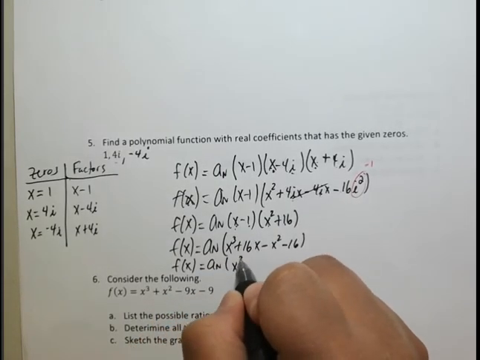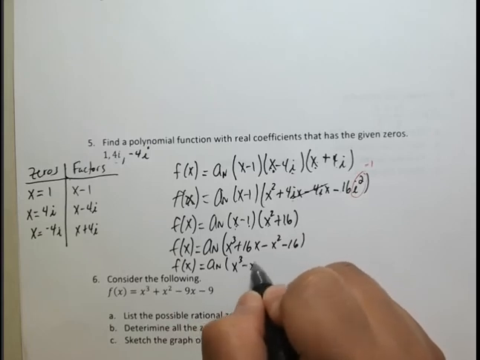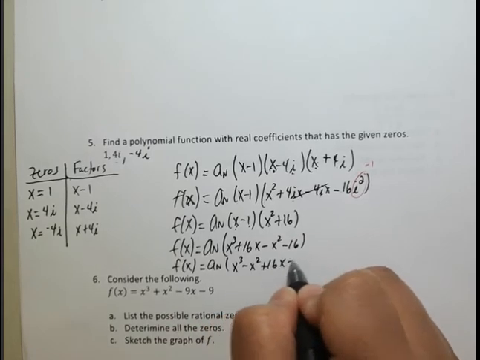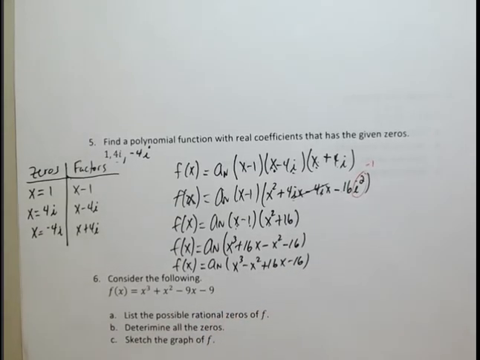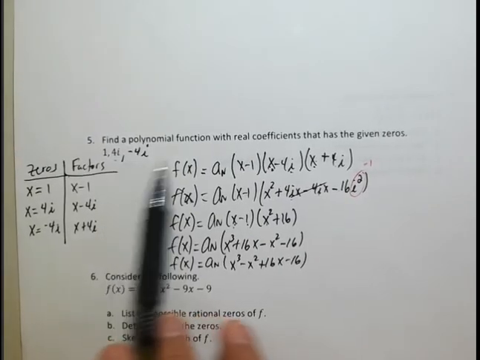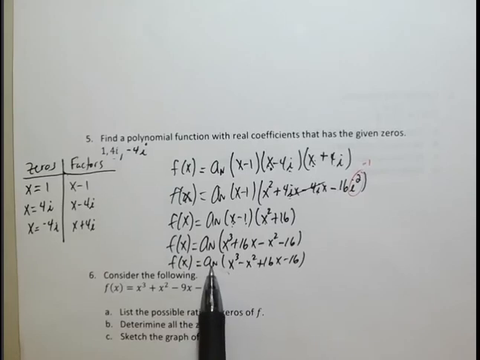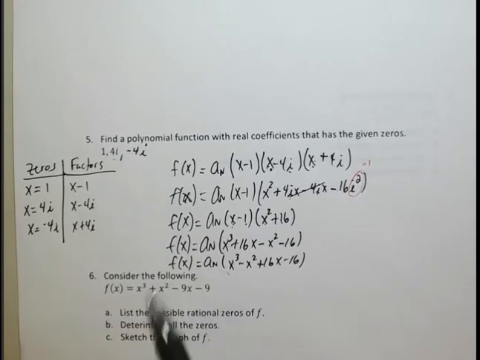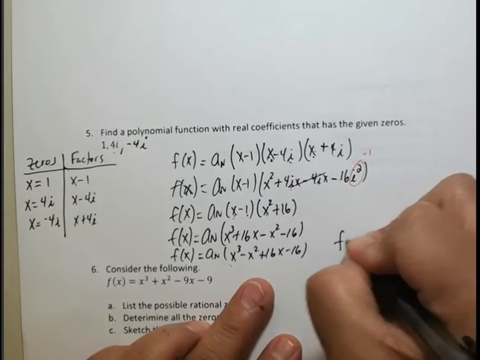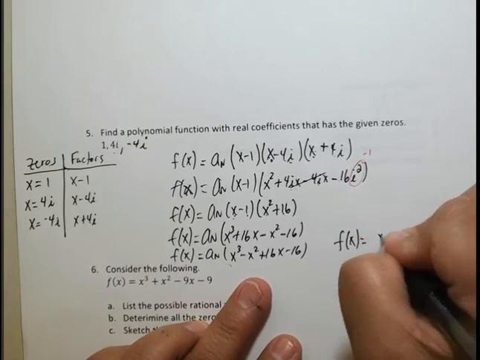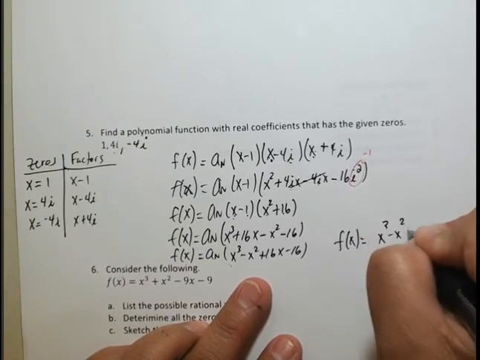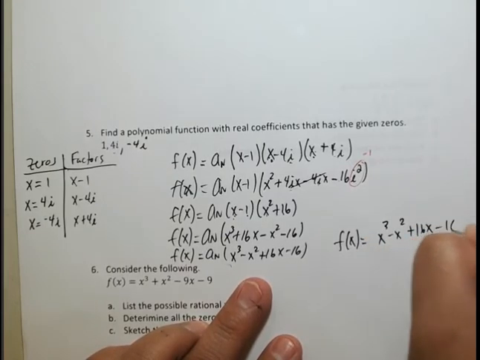So we get x cubed minus x squared plus 16x minus 16. Since they don't give you other information, then the an, you can just make it a 1. So you would enter your answer as x cubed minus x squared plus 16x minus 16.